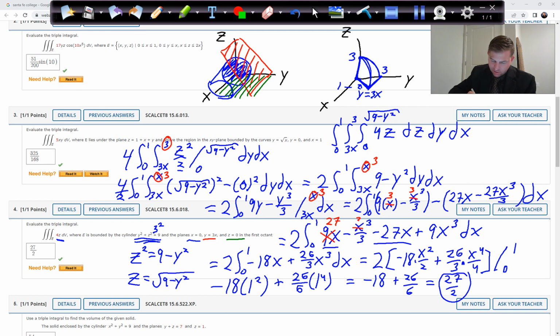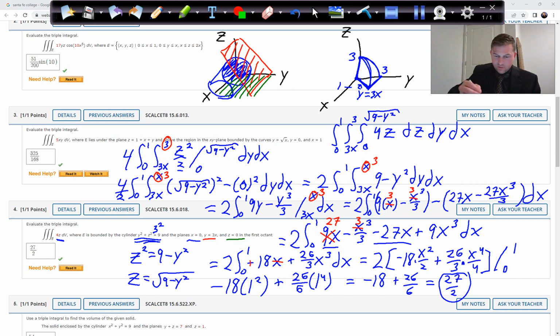Let's just call it 3 cubed over 3. Minus 27x plus 9x cubed, that's all still correct. Okay, now we're going to get 27 minus 9, which gets rid of this x. It's just 18. 27 minus 9, and it's going to make it plus. And then we still have negative 27x, and we still have 9x cubed.